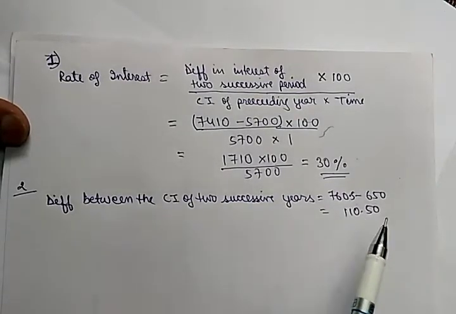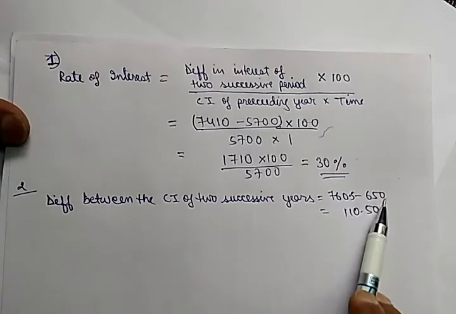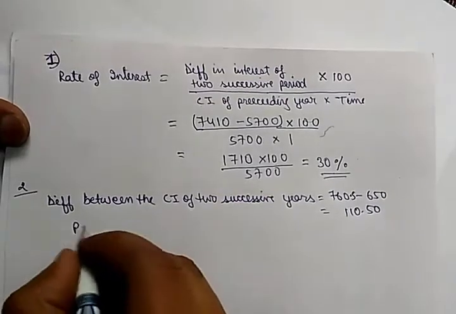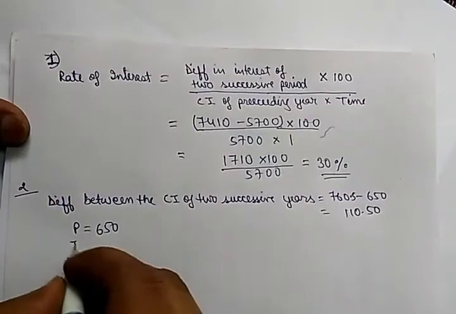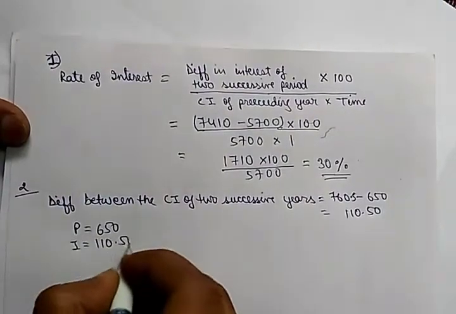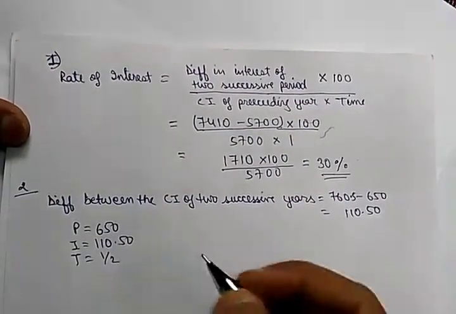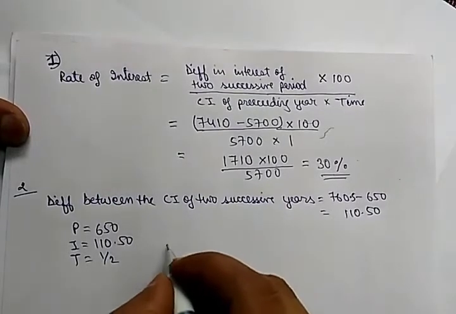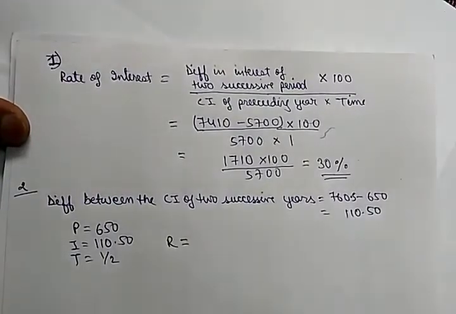And what was the principal for that half year? This will be the principal for the half year, so principal will be 650, interest will be 110.50, and time is half year. So from here we can write directly the formula for rate of interest, that is PRT by 100.